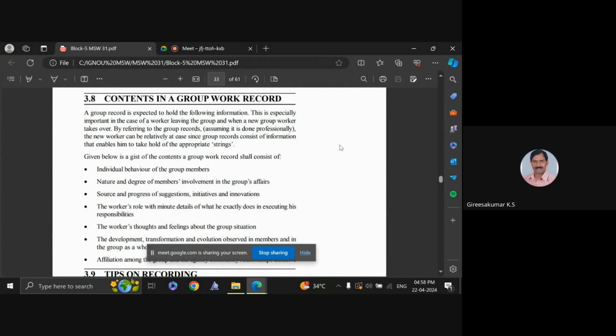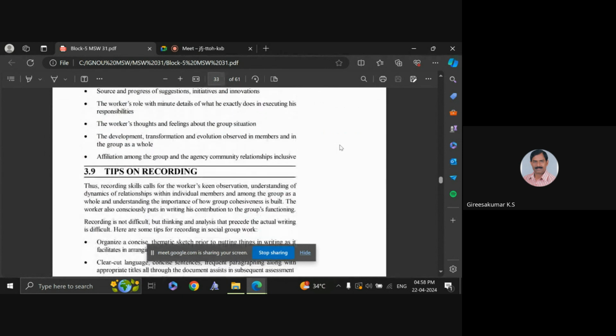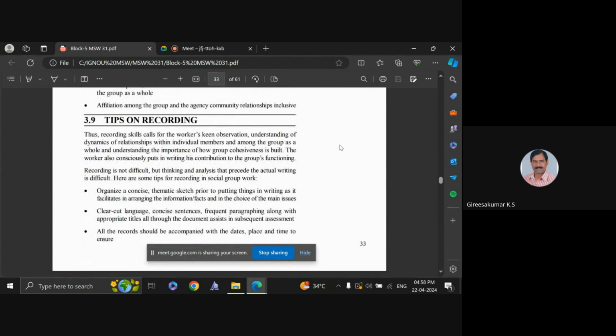Then tips on recording. There are some tips for recording. Organize a concise, thematic sketch prior to putting things in writing, as it facilitates arranging the information. Concise, meaning small.